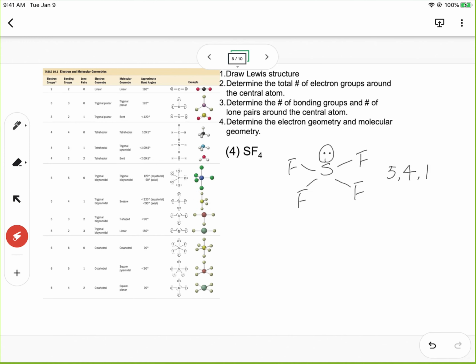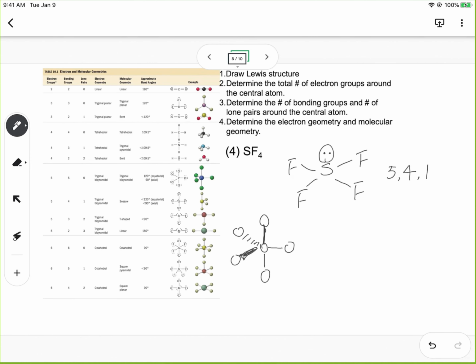In other words, let me draw the standard trigonal bipyramidal geometry for you. So this is the central atom here. Standard trigonal bipyramidal geometry.